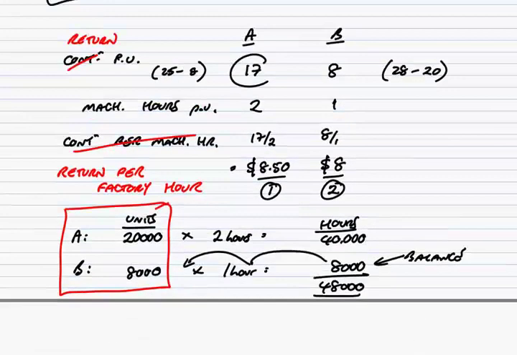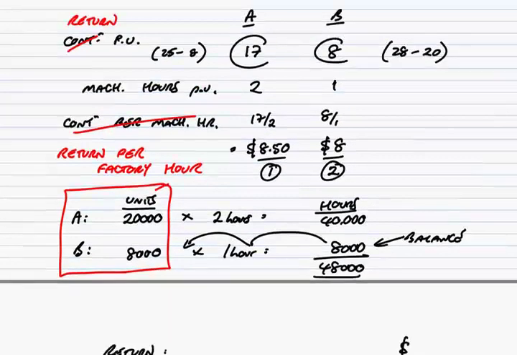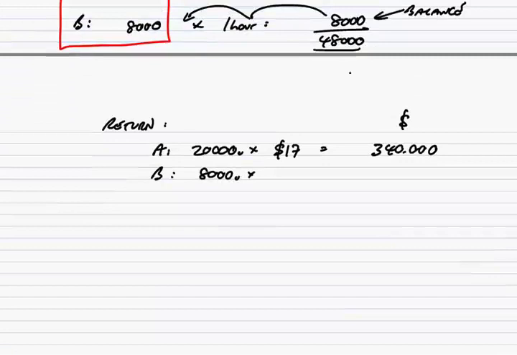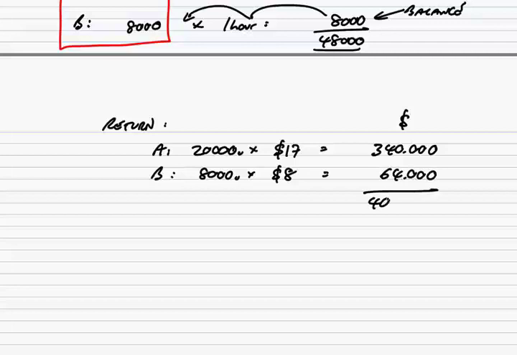And each B gave us a return, a contribution of $8. A total of 404. And again, that's the maximum. With only 48,000 hours available, that's the maximum we can possibly generate.